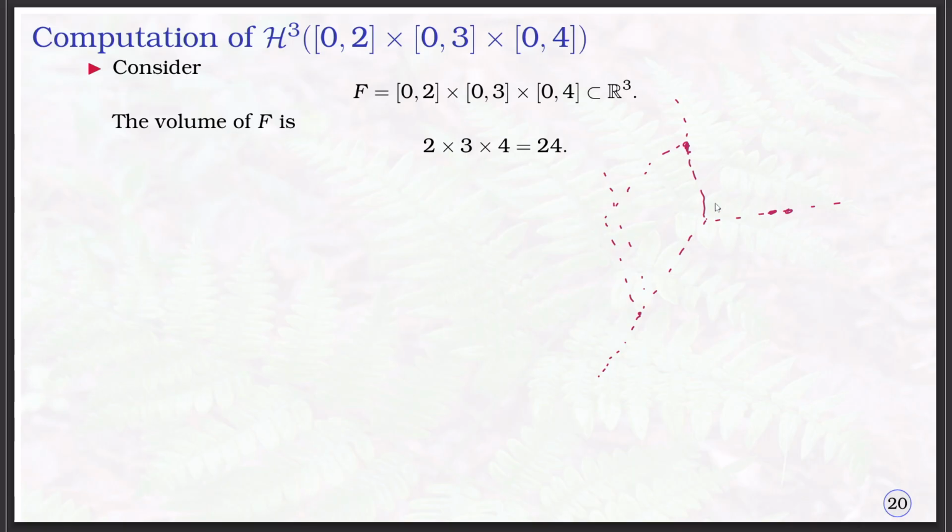and one can get this type of cube. Then each of its sides: this side has 2, this side has 3, the height is 3, and this has the 4.